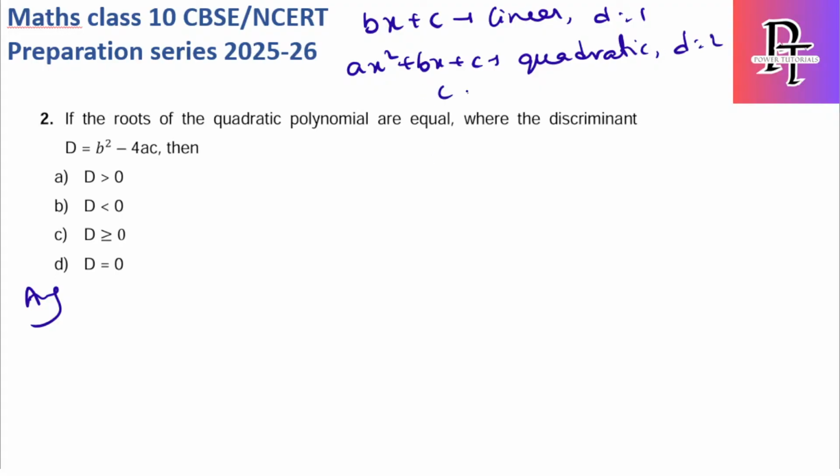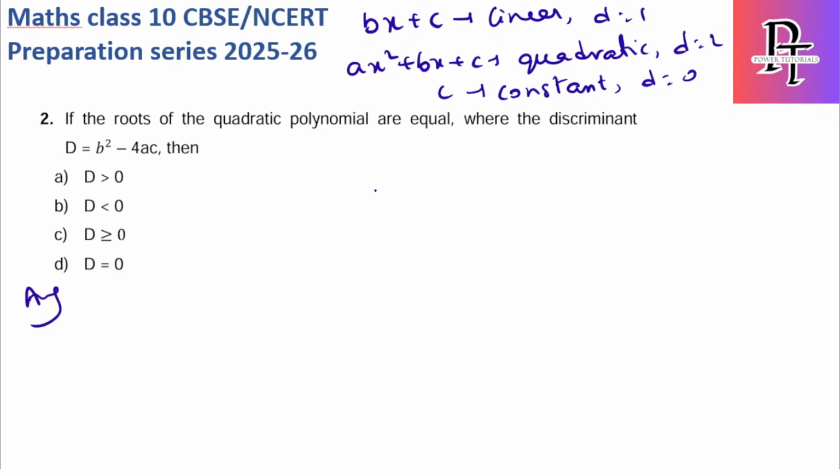If I have only c, then it is a constant and the degree of a constant is 0. For degree 3, we call it cubic. For degree 4, we call it the fourth power, with a specific name for it. In the same way it goes on with respect to the degree value.